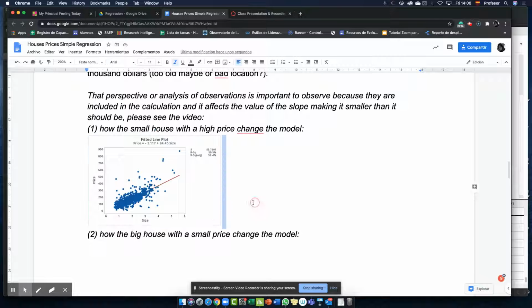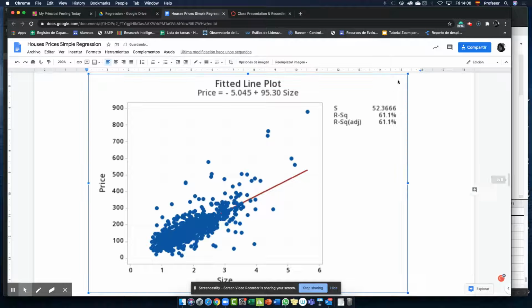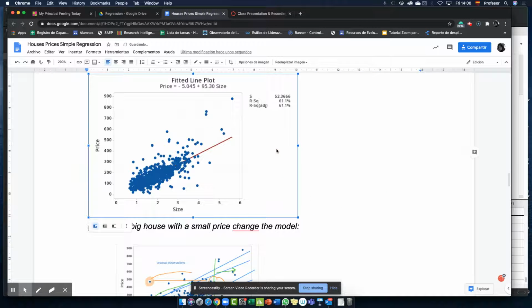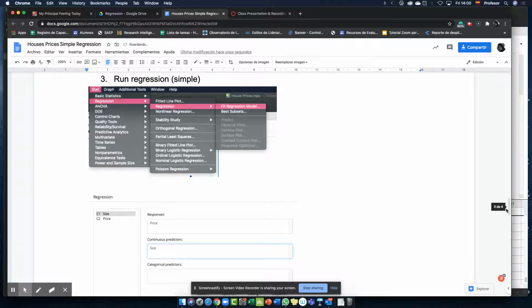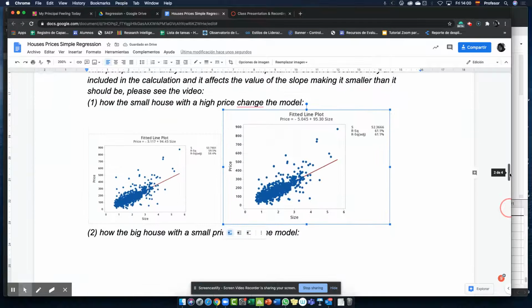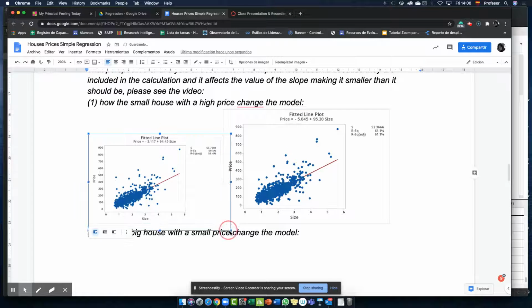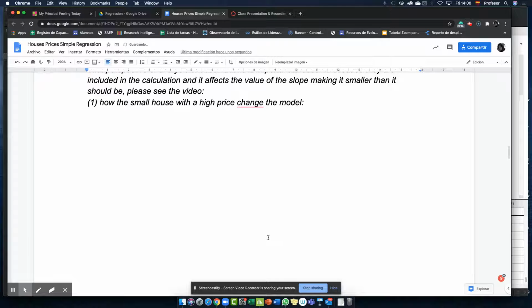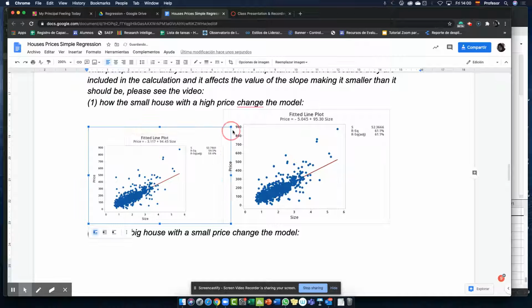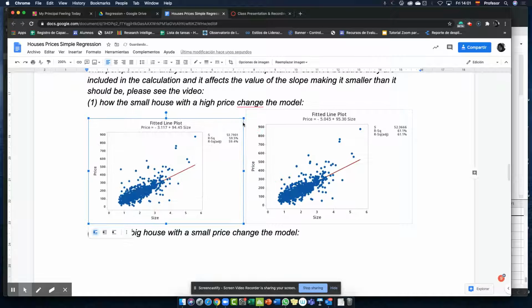If we compare these two graphs, which are two different models, one of them just taking out the initial observation of a small house with a very high price, we can observe super fast that the level of explanation incremented just by taking out that single observation.